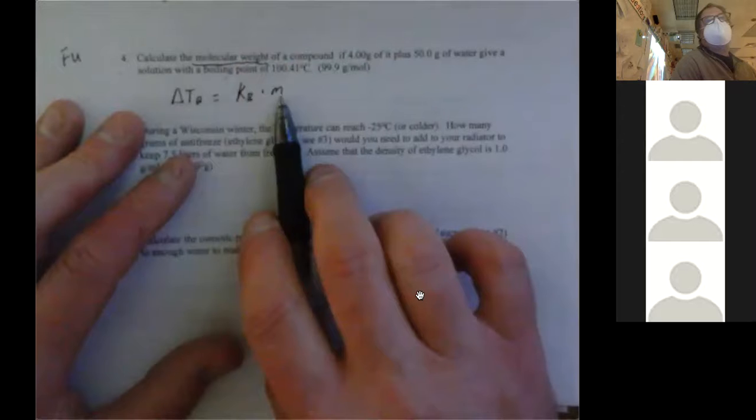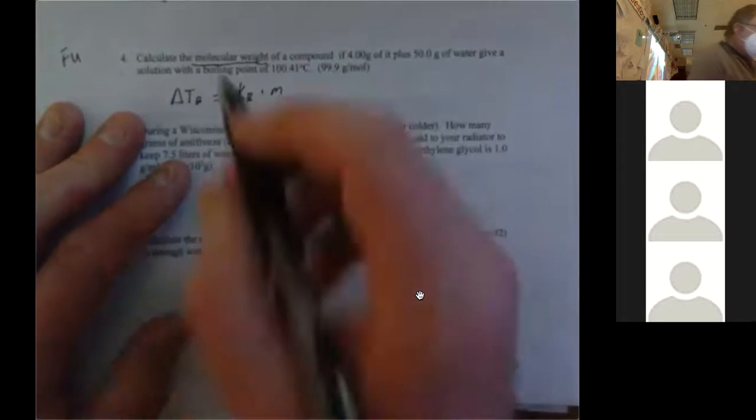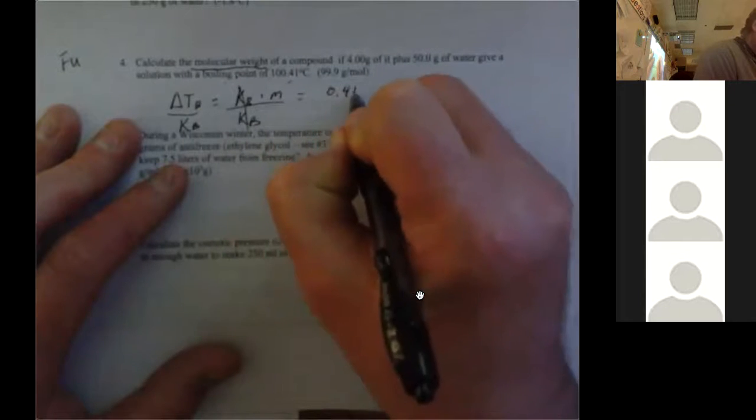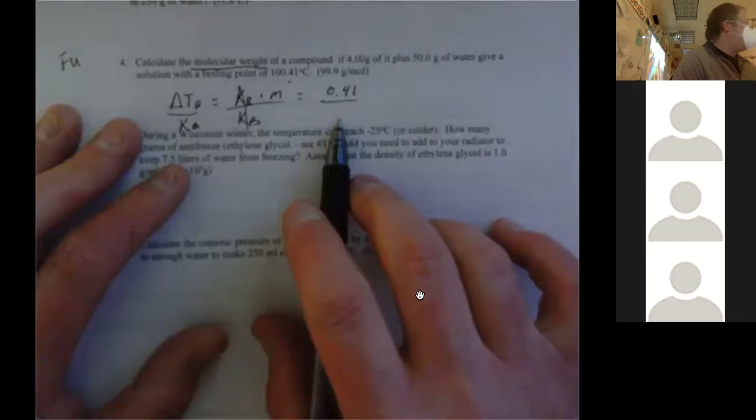So again, we want to find this molality. So we're going to take and divide both sides by the KB. So that is 0.41 divided by, what is it, 0.512? 0.41 divided by 0.512.